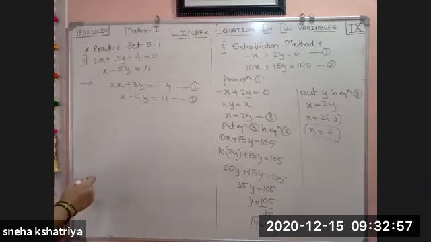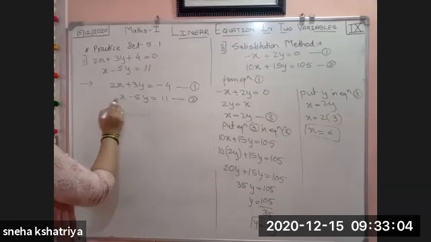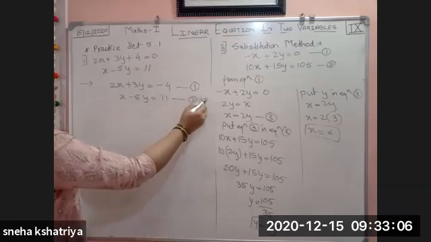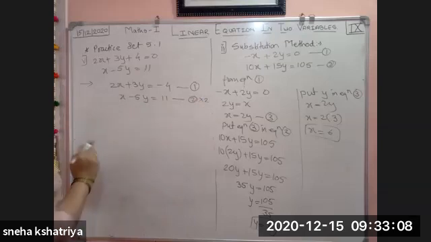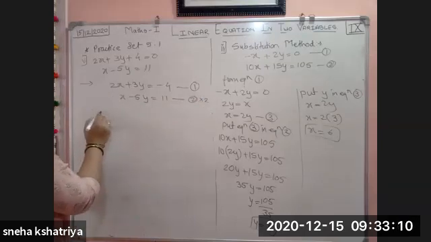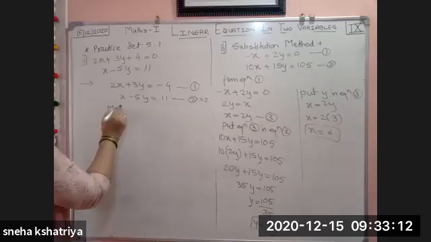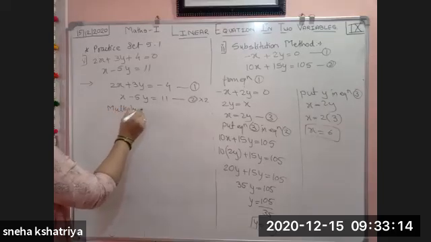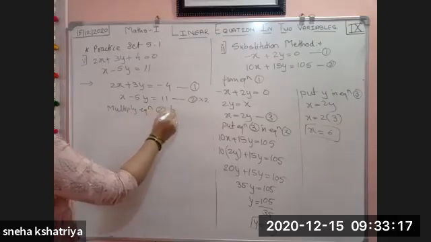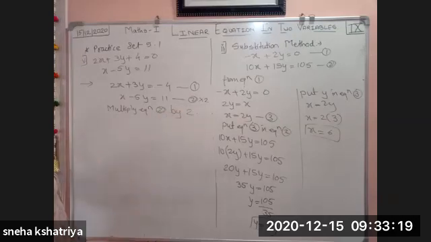Now for solving by elimination method, 2x is single. No number is multiplied to x here. So if we multiply this equation by 2, what will we get? Multiply equation 2 by 2.